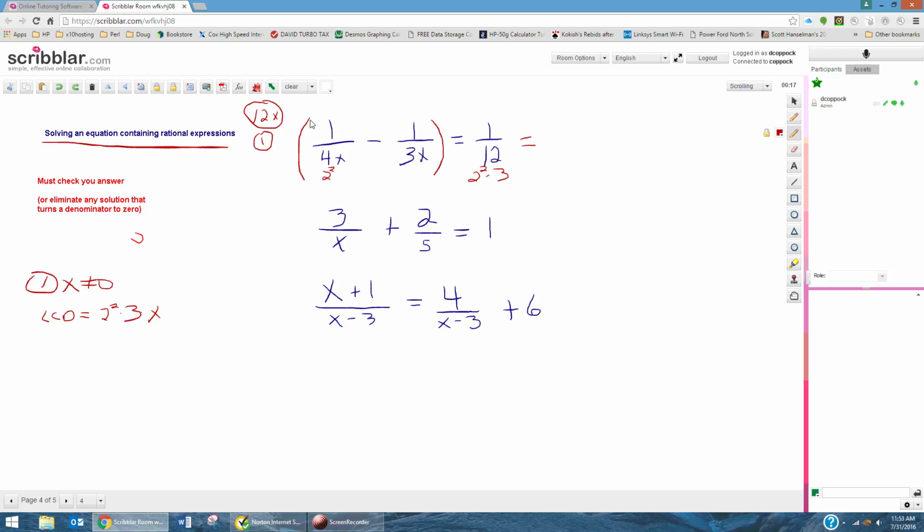When I take 12x times 1 over 4x, the whole key is that the x's cancel out, and 4 goes into 12 3 times. 3 times 1 is 3.